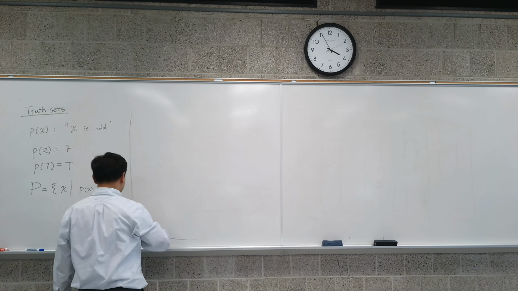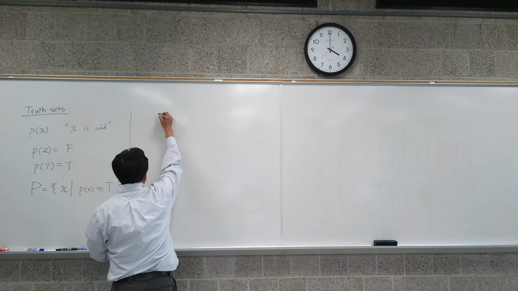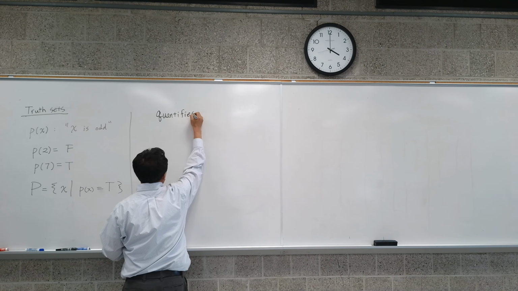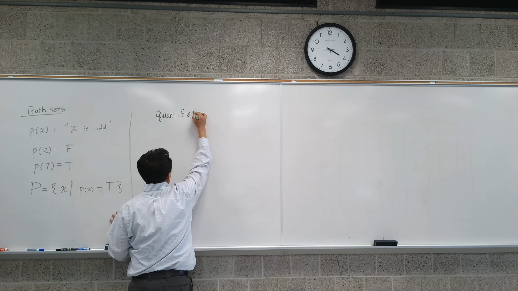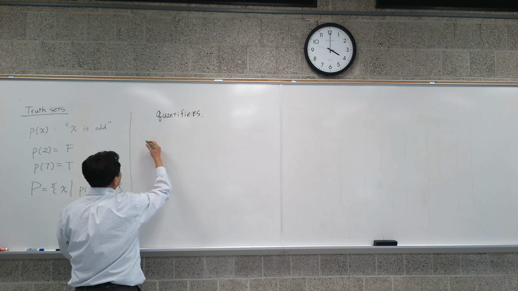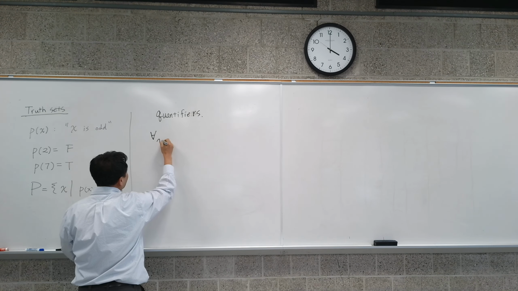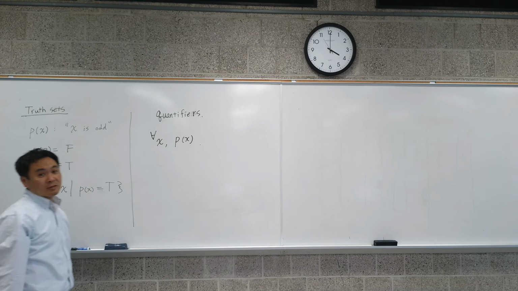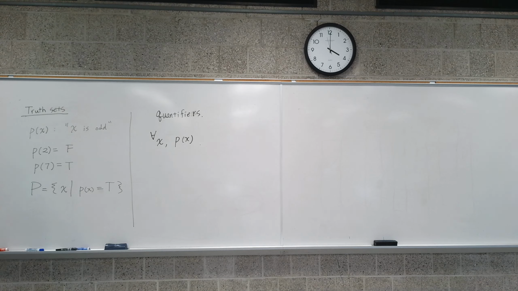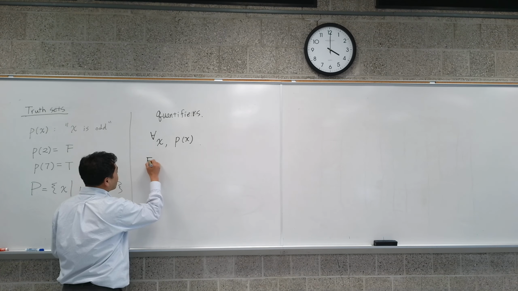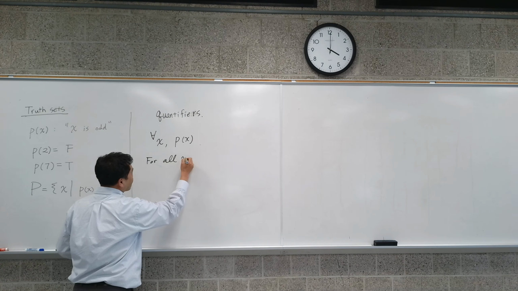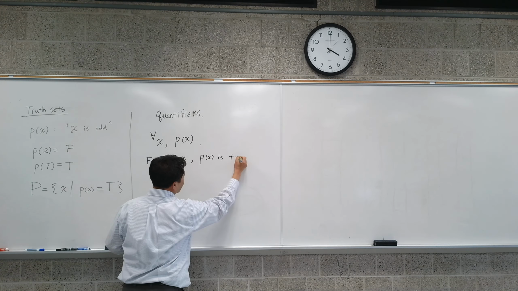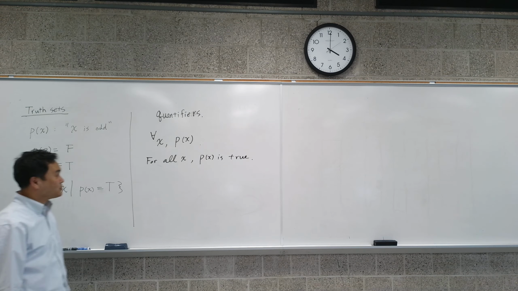Then, now you can have something called quantifiers. So you can have for all x, P(x). So this means for all x, P(x) is true. That's what it means.